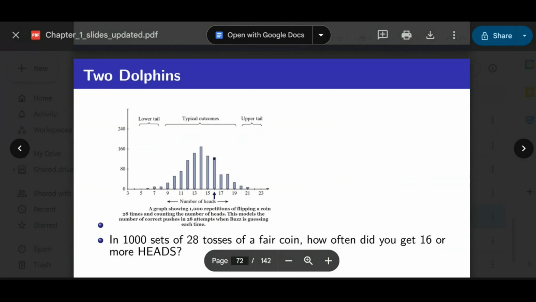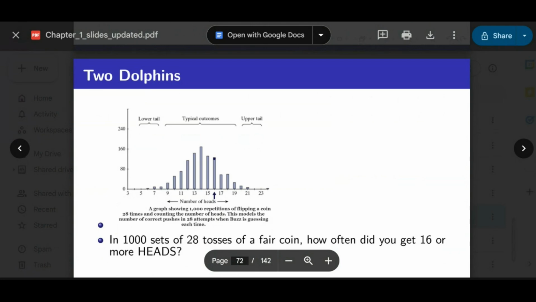So do you see why I have put an arrow at 16? Anyone? In fact, we don't use an arrow in the applet. What is the thing that's at 16 here? On our applet, what do you see at 16? The red line.